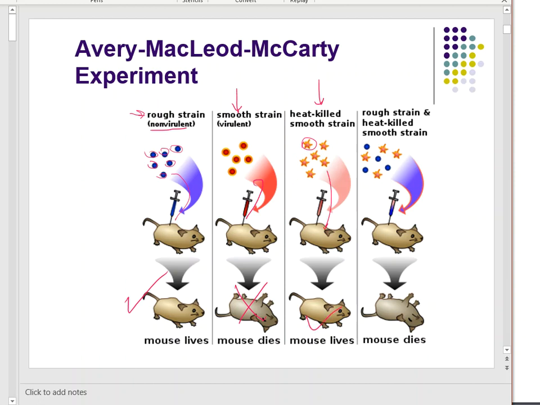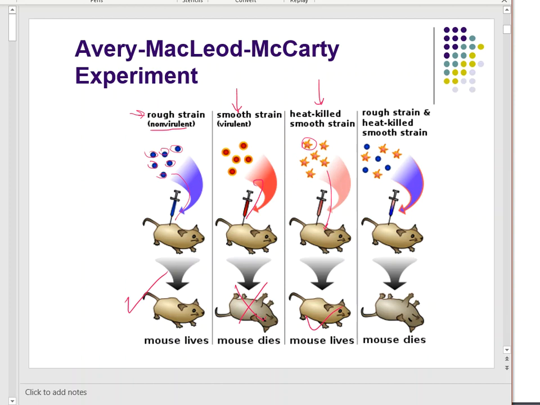That mouse lives. So this shows us that we could kill viruses and still put a dead virus inside of your body, and your body would be okay with that, and you would not have any symptoms at all. You'd just go about your daily business.